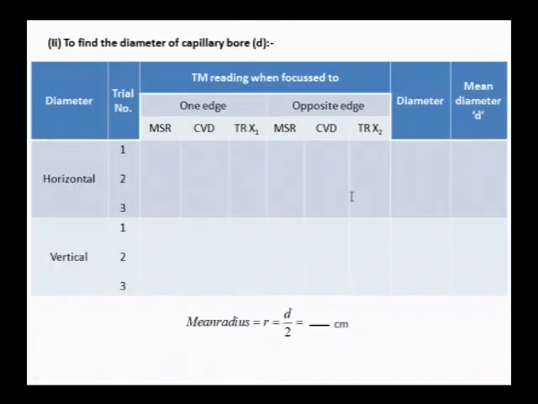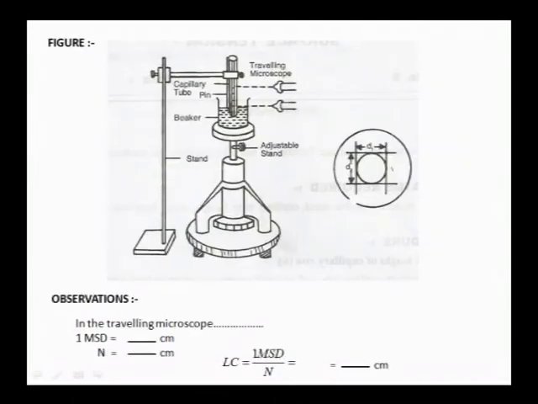The second part is to find out the diameter of the capillary tube. The diameter can be noted down in both directions, one along the horizontal direction and the other along the vertical direction.